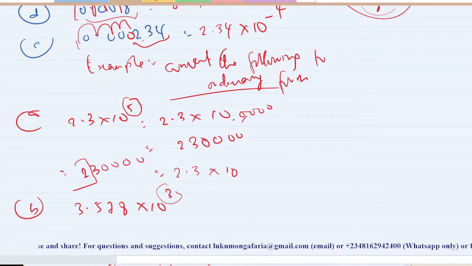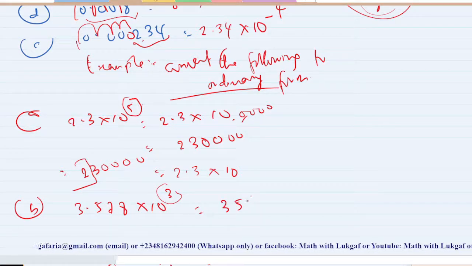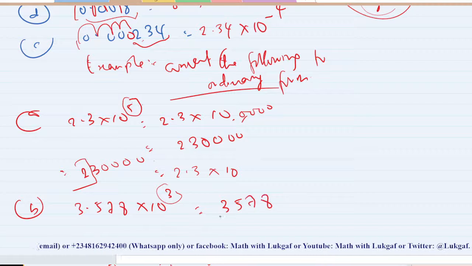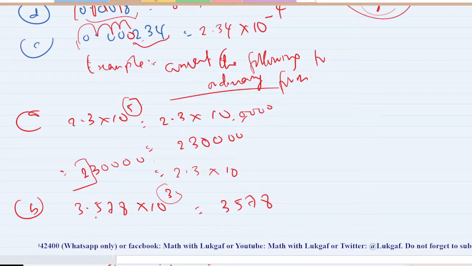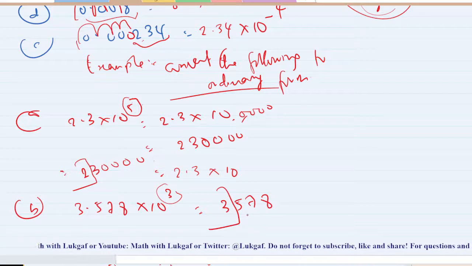It means that after the first digit here, maybe I write this number 3578, we must have 3 digits. You understand now? Let's count it: 1, 2, 3. But assuming you don't have up to 3 digits, then you are going to make it up.